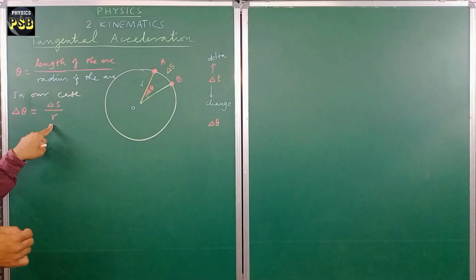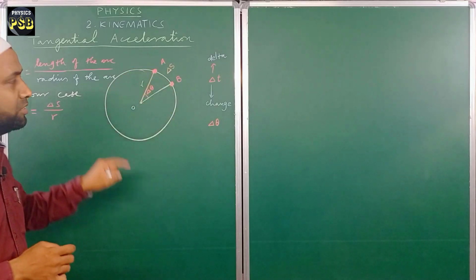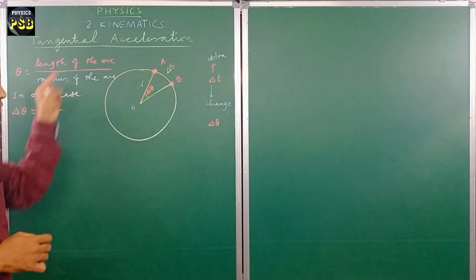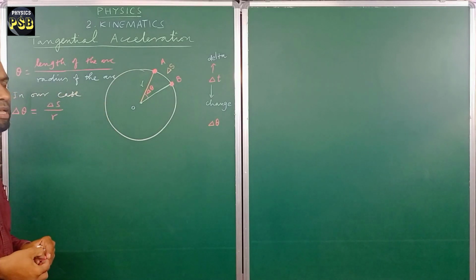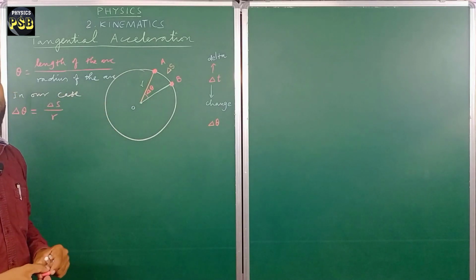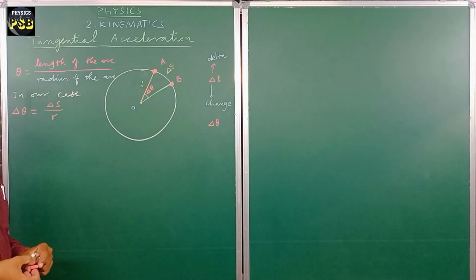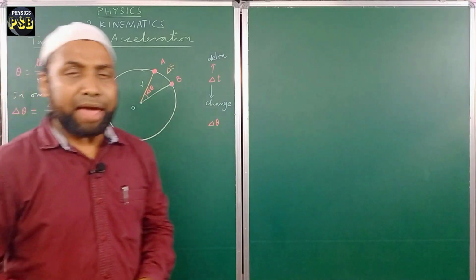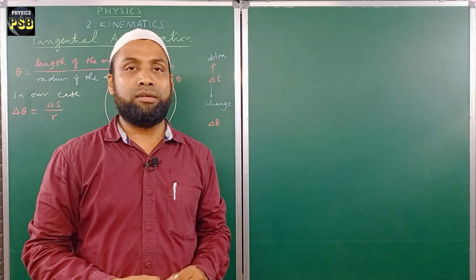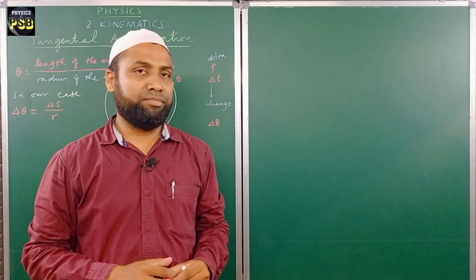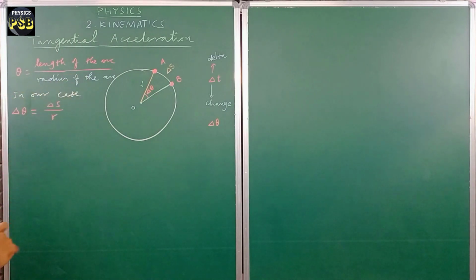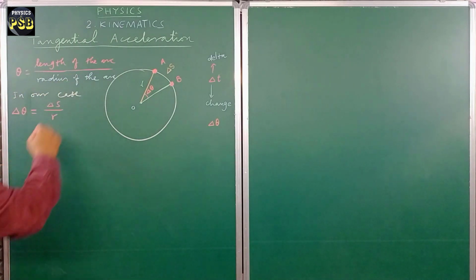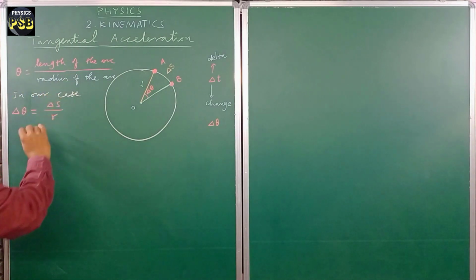But the radius of this circle remains the same throughout the motion of the object, because the object is in uniform circular motion, where the magnitude of speed remains the same. So it is written as r, not delta r.